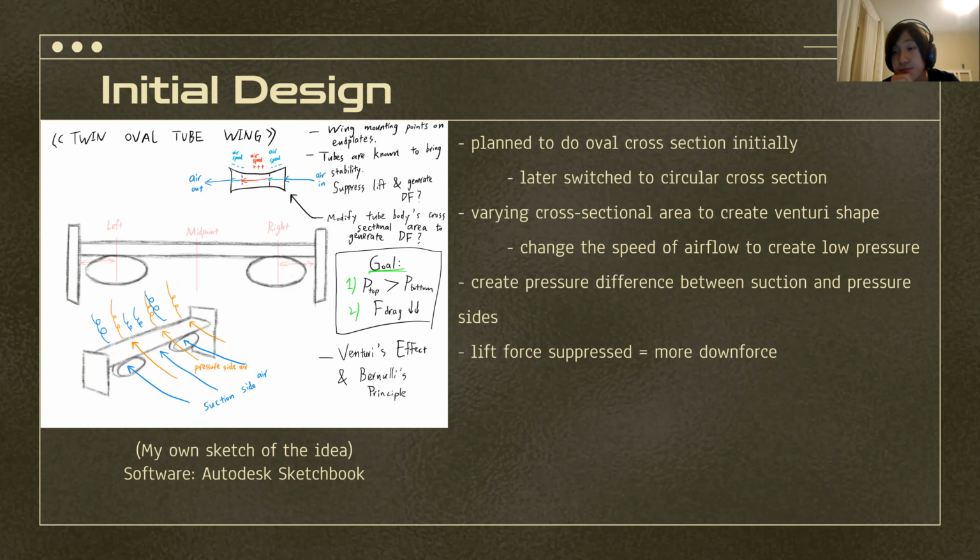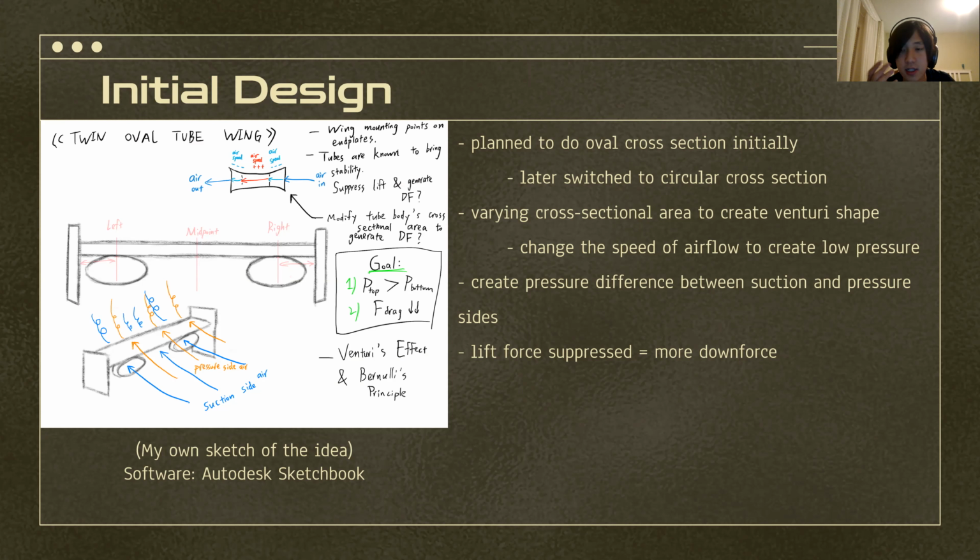To produce this downforce, I've come up with this initial design that I doodled on Autodesk Sketchbook on my iPad. I planned to do an oval cross-section initially, but later I switched to a circular one because modeling an oval cross-section is too difficult for my ability. I also considered varying the cross-sectional area from big to small to big again to create the Venturi shape that we want.